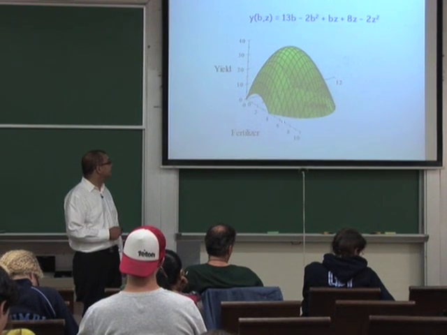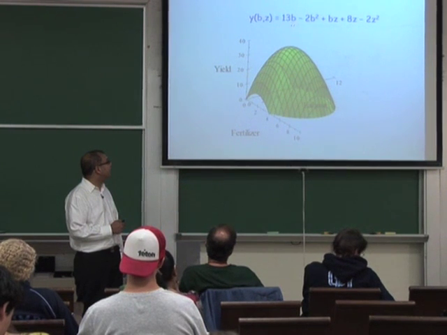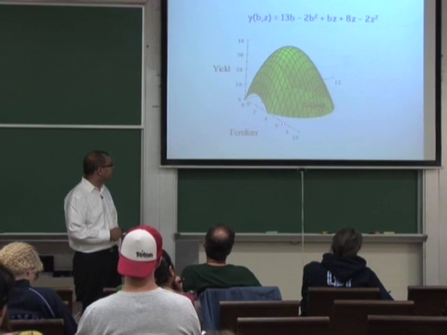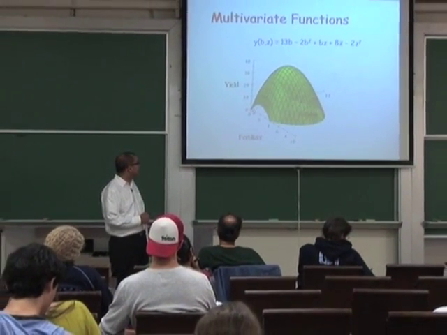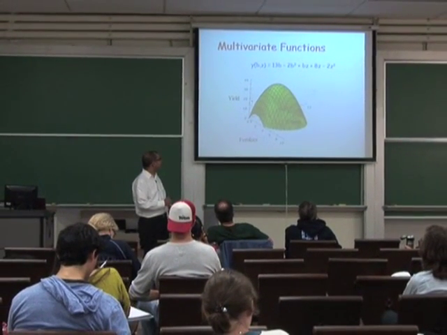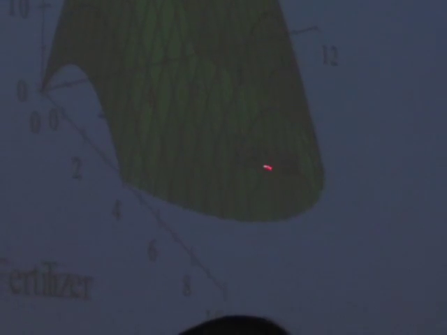Okay? This is yield as a function of labor input and fertilizer. So I've got fertilizer on this axis and labor on that axis, with yield going up vertically. Okay, you can't really read the labor there too well.